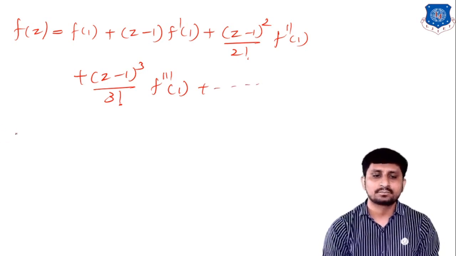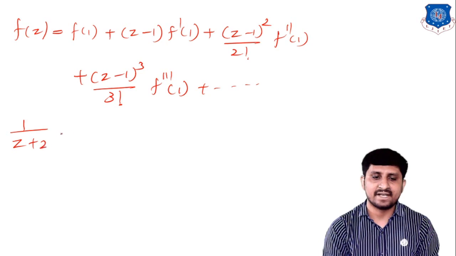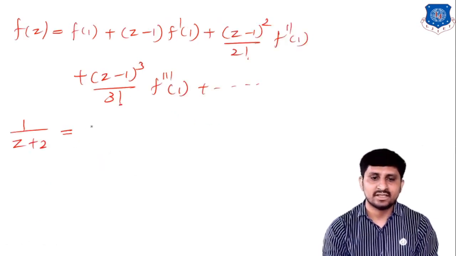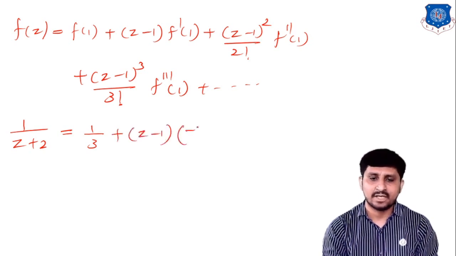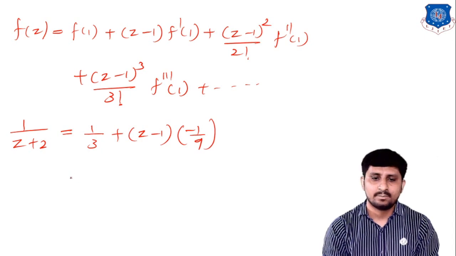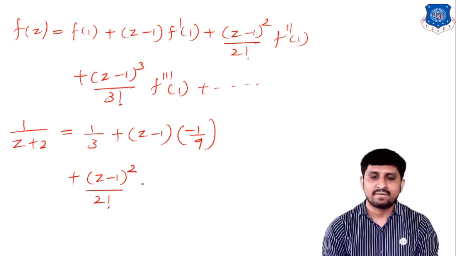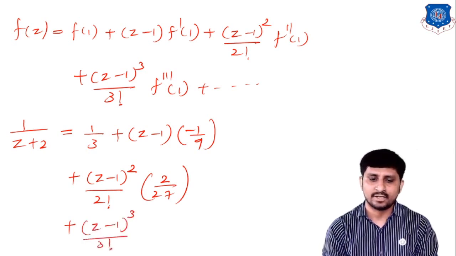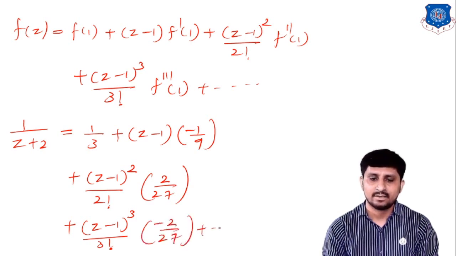So this is 1 by 3 plus (z minus 1) times minus 1 by 9, plus (z minus 1) whole square divided by 2 factorial times 2 by 27, plus (z minus 1) cube by 3 factorial times minus 2 by 27, and so on.